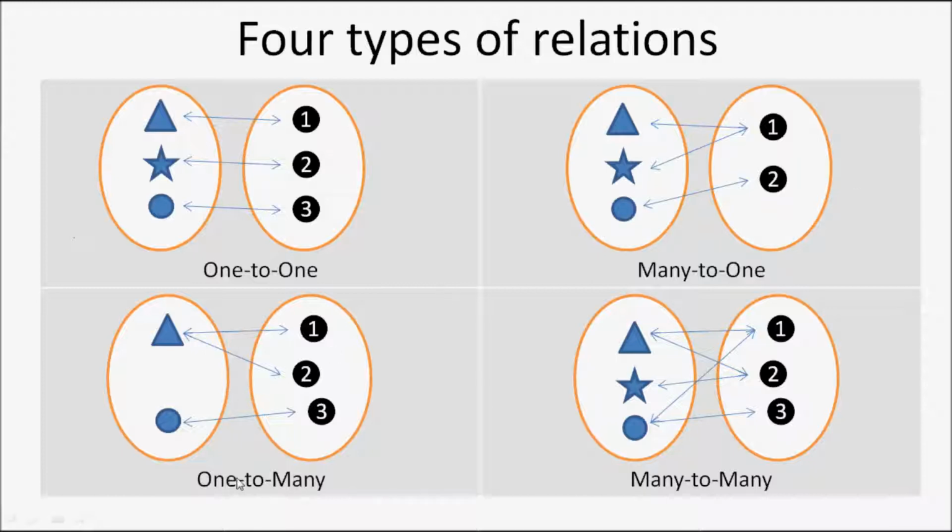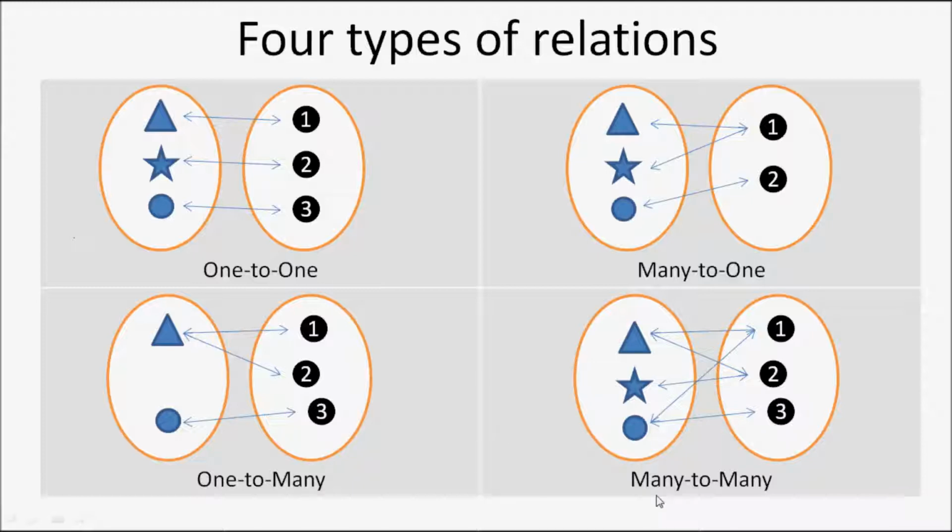You can also have a one-to-many relation. In a one-to-many relation, one object from the domain can be connected to more than one object in the range. Like for example, the triangle here is connected to 1 and 2, which are two different objects from the range. So this is a one-to-many relation.